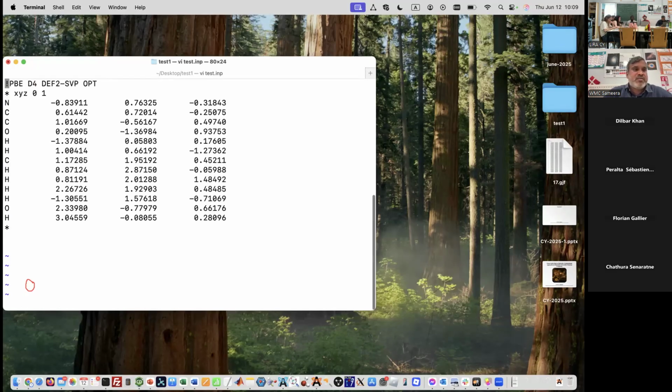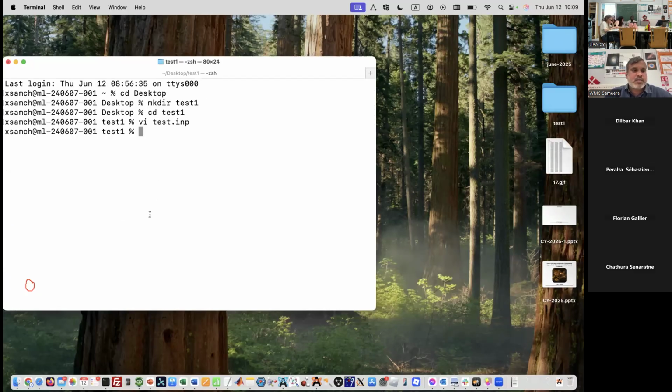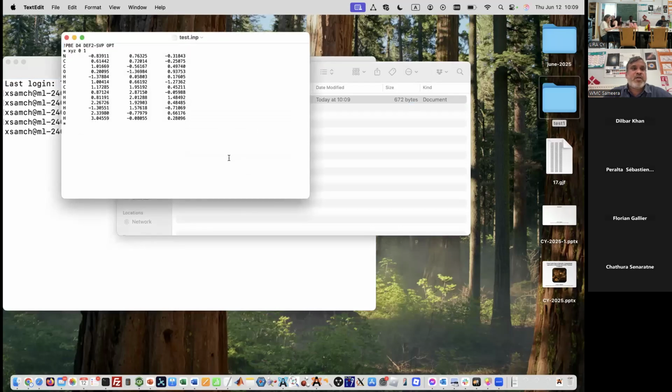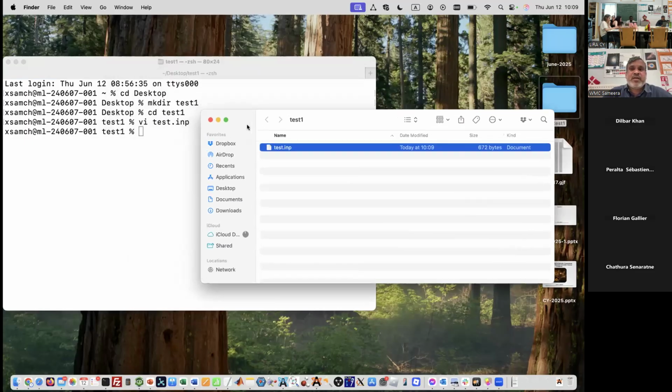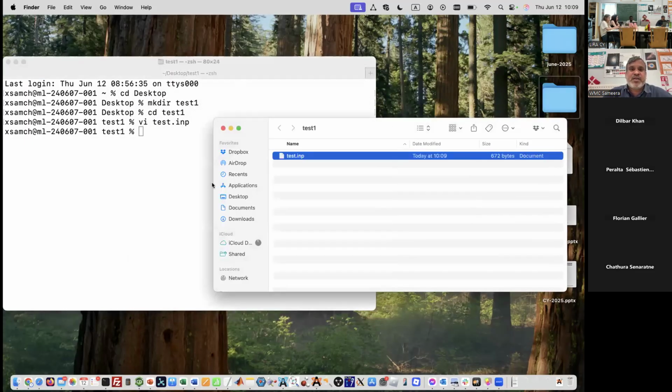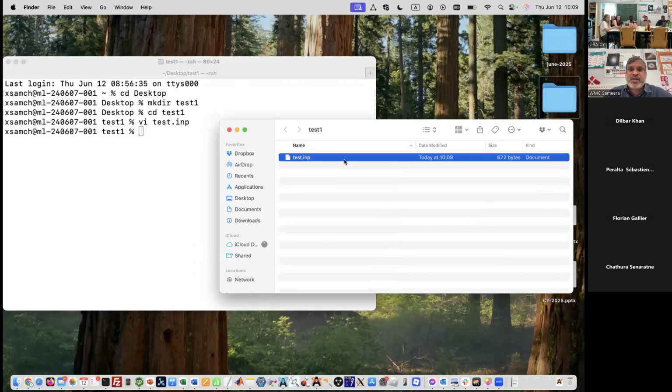So you can make the input file here. Now you can see the input file in my folder, and you can run the computation, again depending on the operating system.